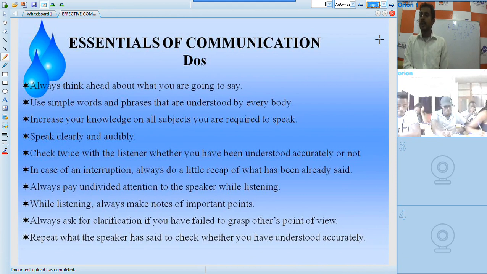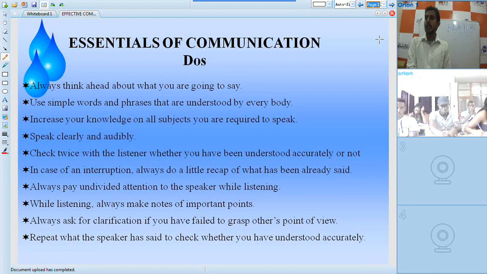You need to increase your knowledge on the subject you are going to speak. What you are going to say to others, you have to have proper knowledge regarding the same. Speak clearly and audibly. Whatever you speak should be very clear and audible to others.